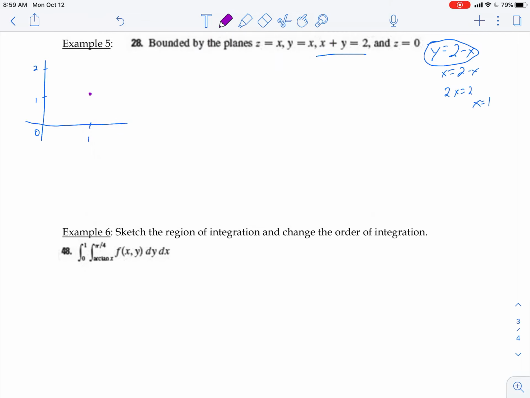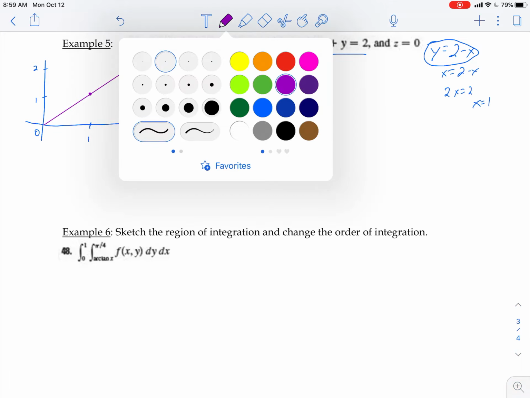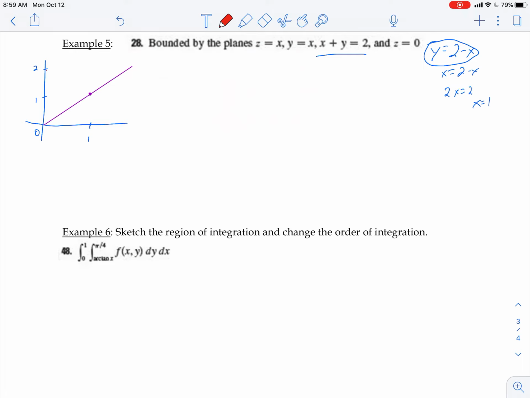And so I know that there's an intersection here. So y equals x is going to give me that line, and I know that y equals 2 minus x is going to give me that line. Say 2 is where it crosses on the x-axis.